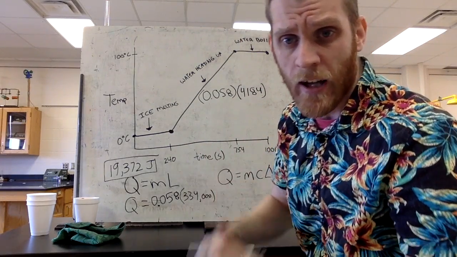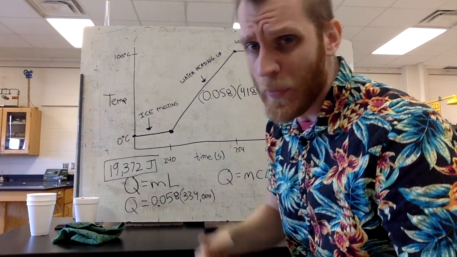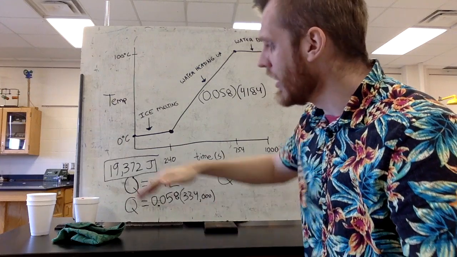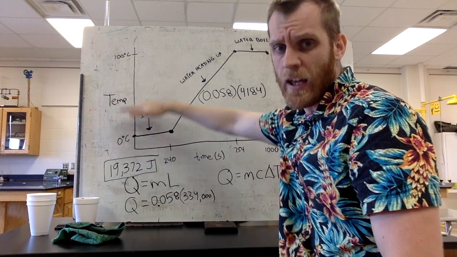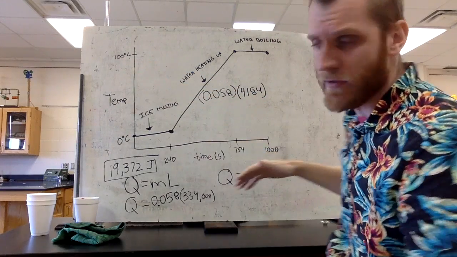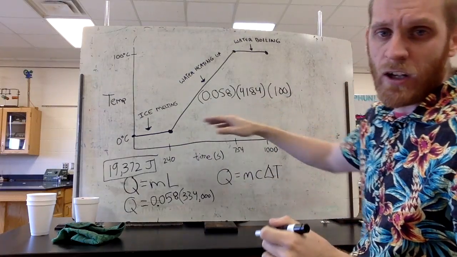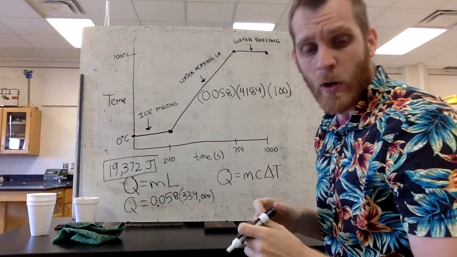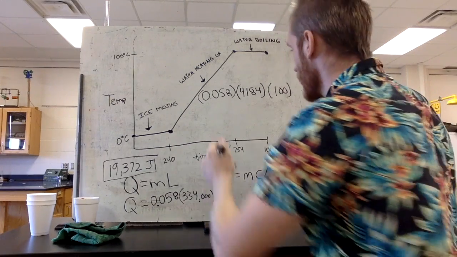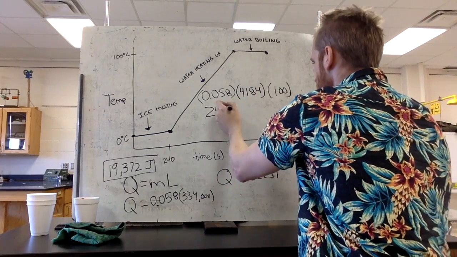The temperature change is 100. Now technically we should measure temperature change in Kelvin, but Kelvin and Celsius have the same scale. This would be 273 Kelvin, and this is 373 Kelvin. Same temperature difference. So temperature change is 100. So we multiply those together and figure out how much heat it takes to raise the temperature of the water. And that ends up being 24,267 joules.